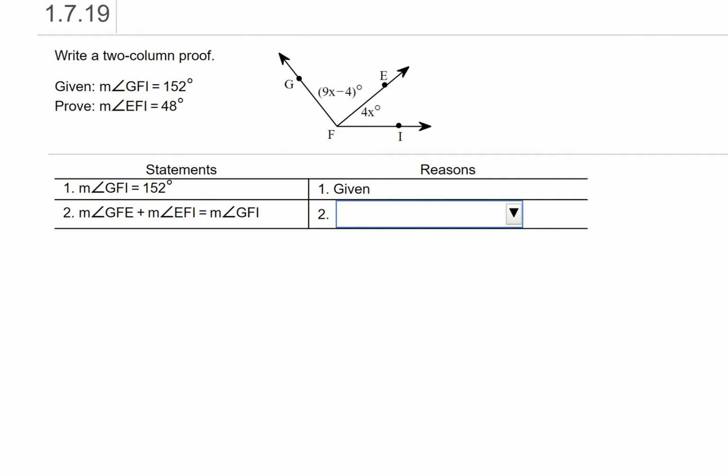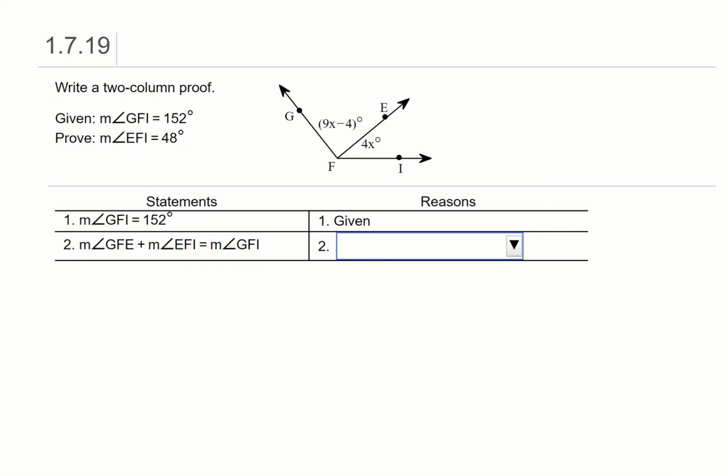If we label that, GFI, these two angles put together, is equal to 152 degrees. Now, using another color, EFI is 48. So EFI in blue is equal to 48 degrees. Okay, so that way we have a context.